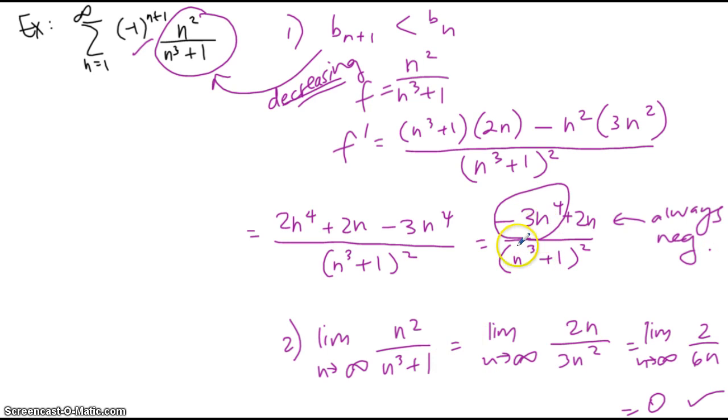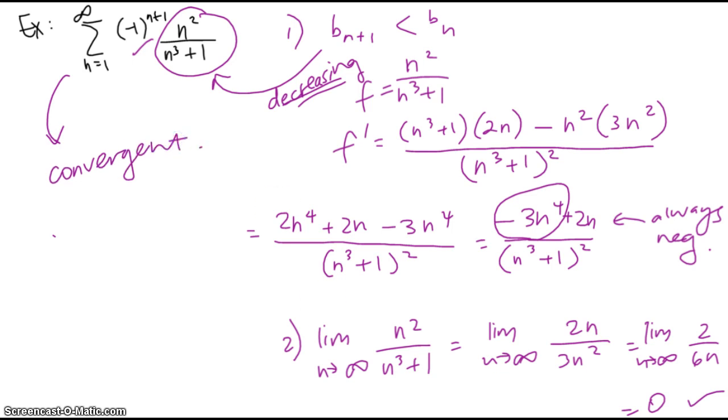As n increases, this will always be a negative value, which means each term is definitely decreasing. Therefore, this series is convergent.